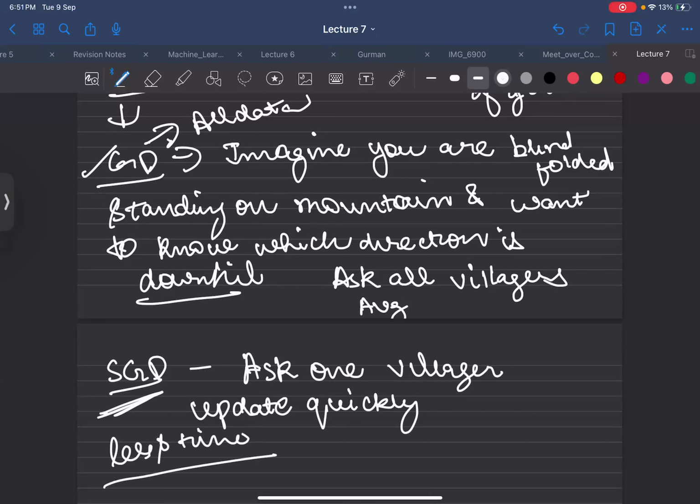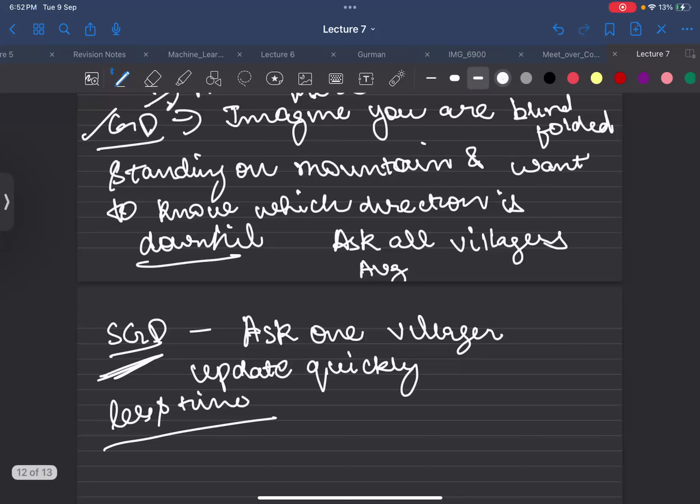Here, I'm waiting for all, so it's taking more time. But in SGD, as I'm asking only one villager, it can sometimes be noisy as well. You got somewhat of the intuition behind gradient descent as well as SGD?